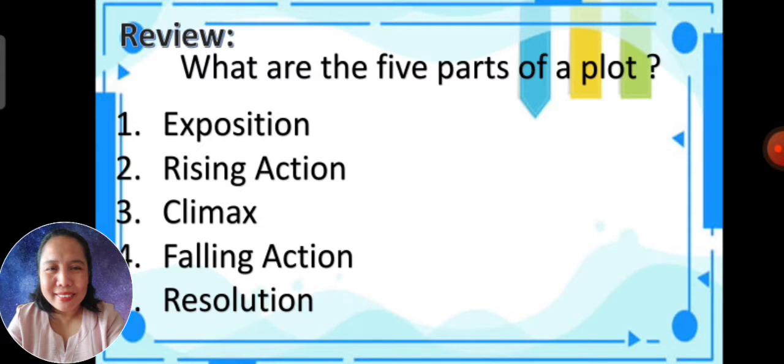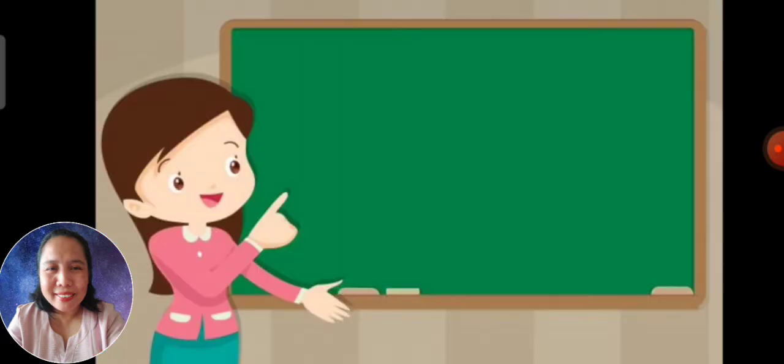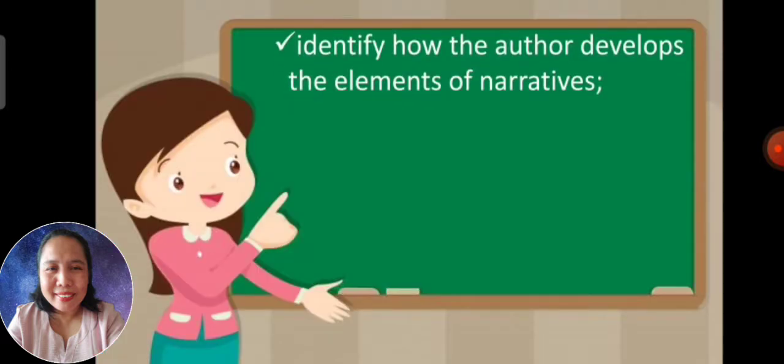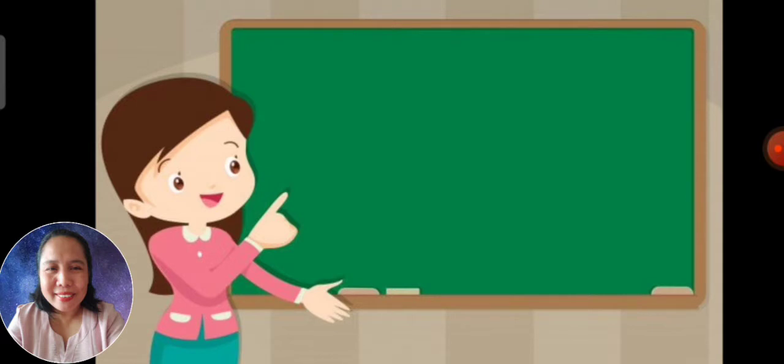So are you ready now for our new topic? This is still a continuation of the elements of a story or elements of a narrative. So this is about the theme.